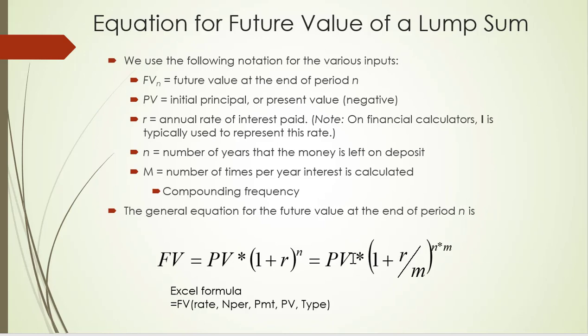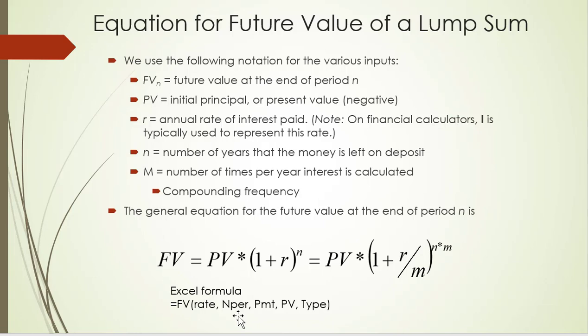So let's start with future value. As you see, the formula is not terribly difficult, but it certainly is a little time consuming. If you're using Excel, there is a formula. It's the rate, number of periods. Now, what you have to remember is number of periods here reflects the actual times you calculate interest.